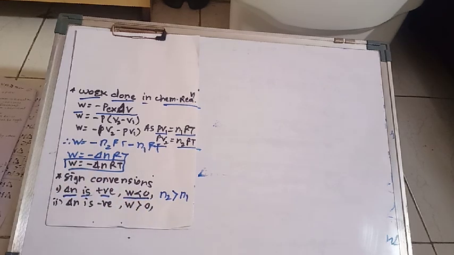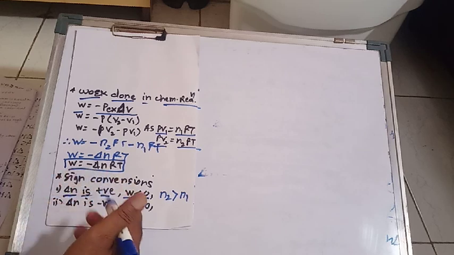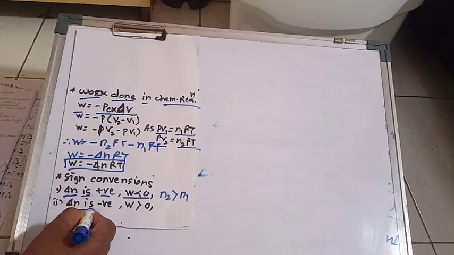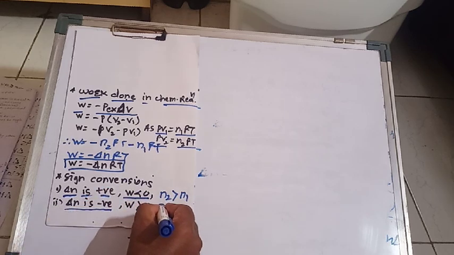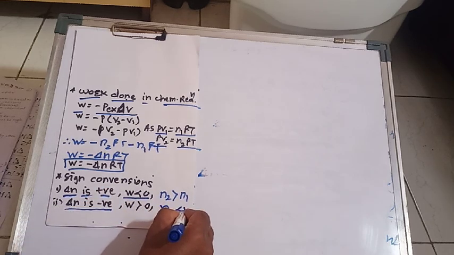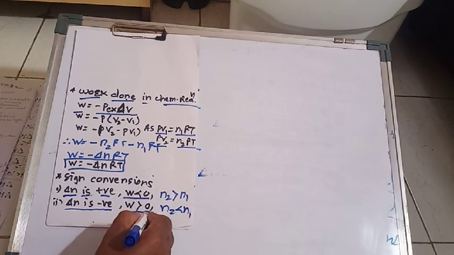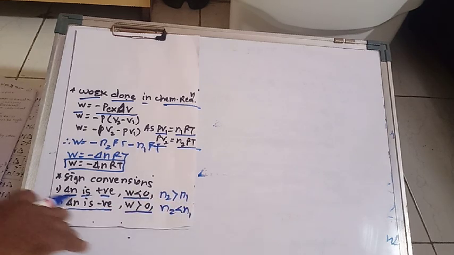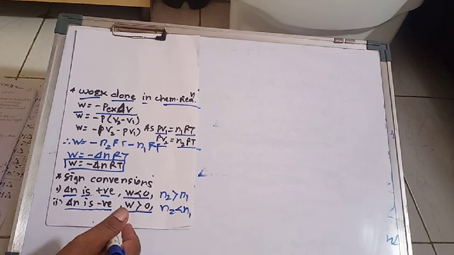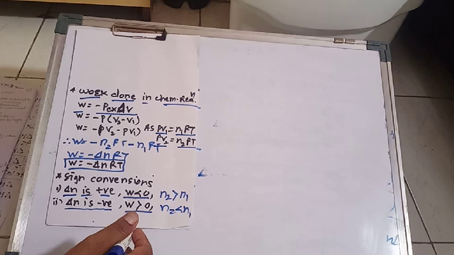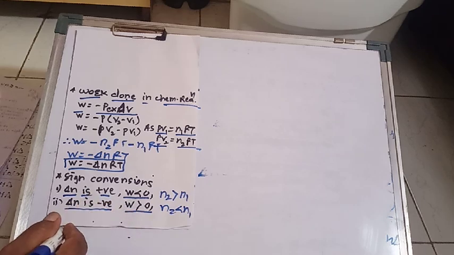And if W is negative, that is work is expressed in negative, then work is done by the system on the surroundings. And if delta n is negative, that is n2 is less than n1, then W is greater than 0. It indicates that work is done on the system by the surroundings. So you have to remember these sign conventions.